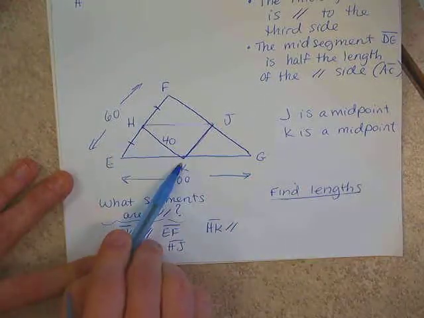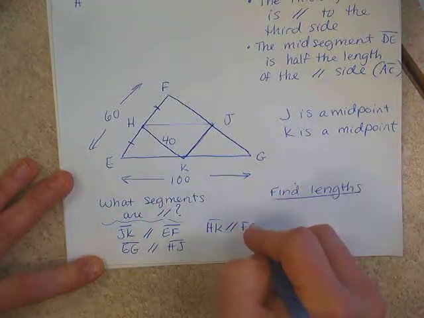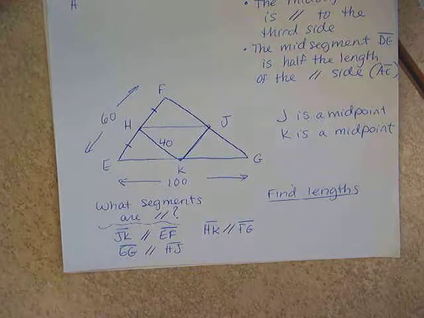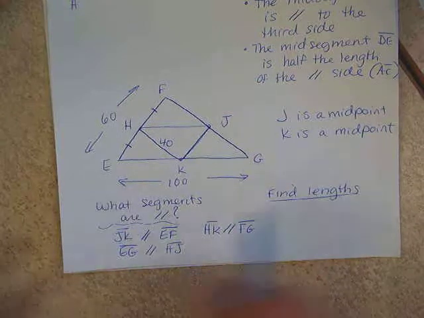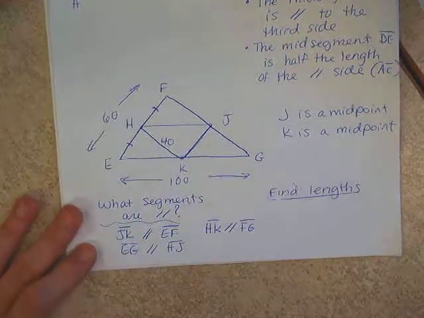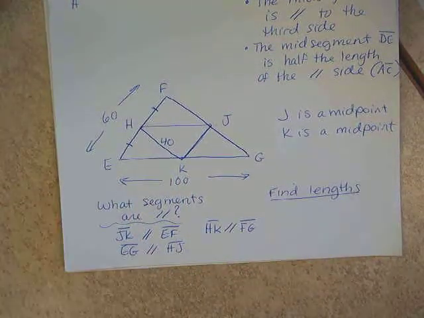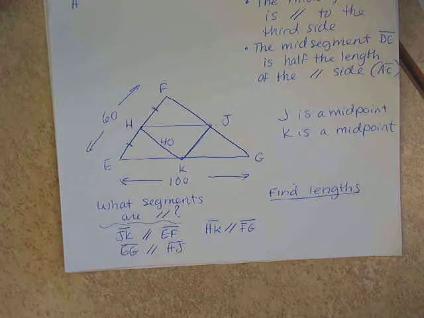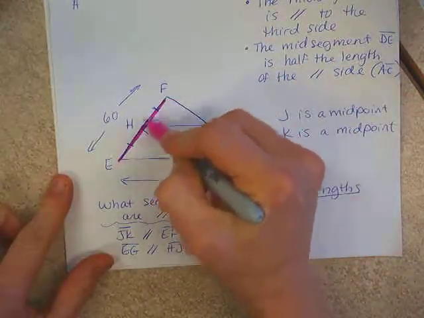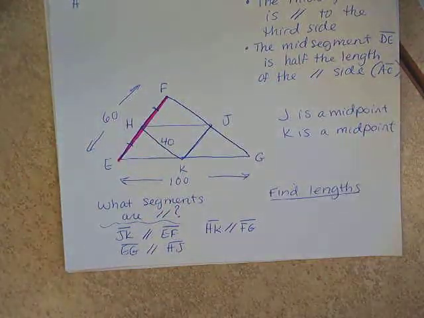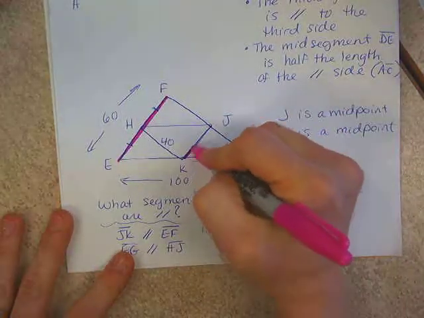And then we also have, okay, let's do HK. HK is parallel to what? FG. Okay, so there are three sets of parallel segments that we can discuss based on the theorem and knowing that these are midpoints. And we can also work on finding lengths.